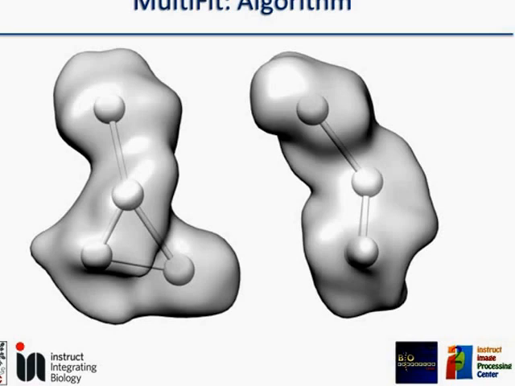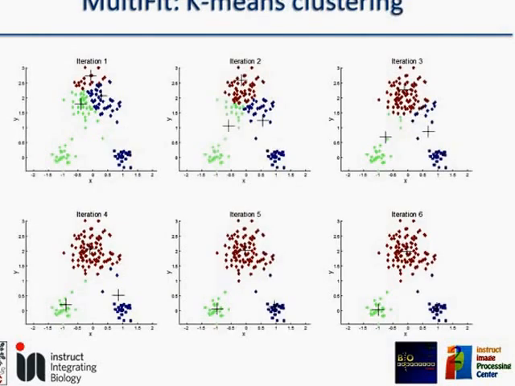How is this graph calculated? Okay, so I think Jose Millet talked a bit about the k-means algorithm. And this is in fact what MultiFit is using: it is clustering these 3-dimensional points using the k-means algorithm. Here we have an example in 2 dimensions of what the k-means algorithm is doing.